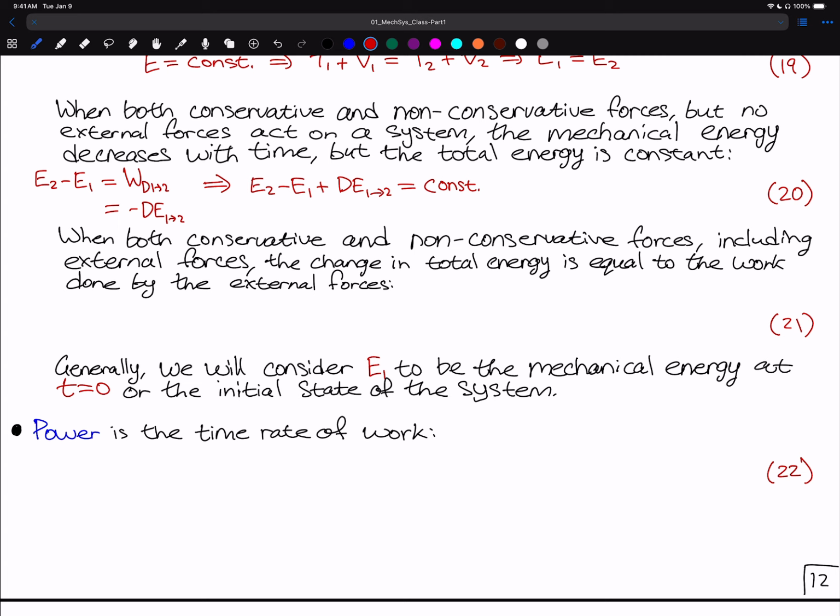When both conservative and non-conservative forces, including external forces, act on the system, the change in mechanical or total energy is equal to the work done by the external forces.